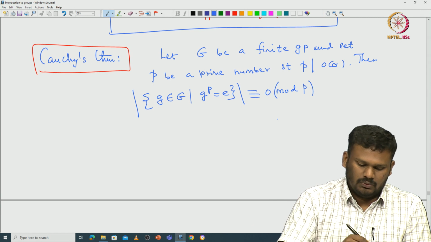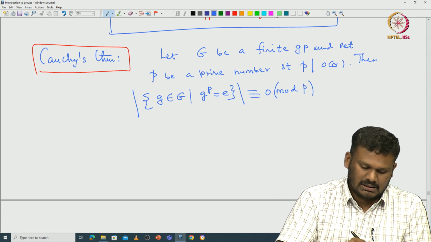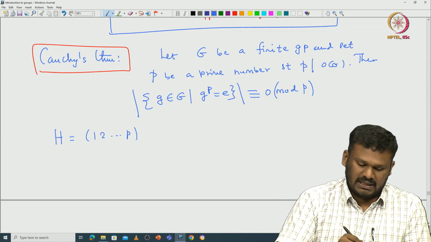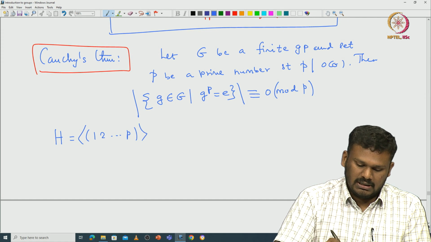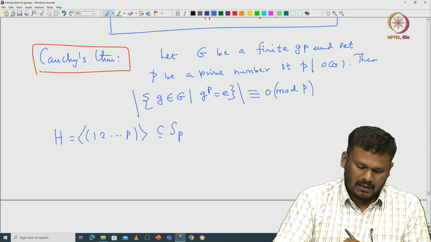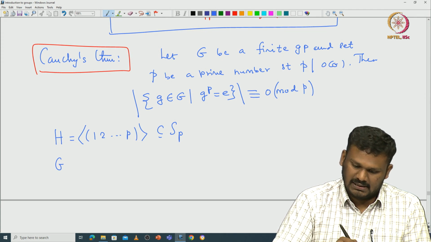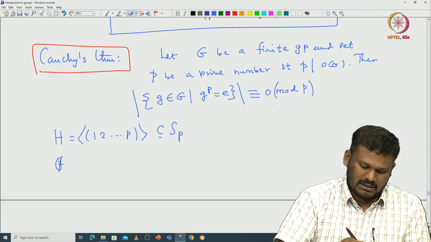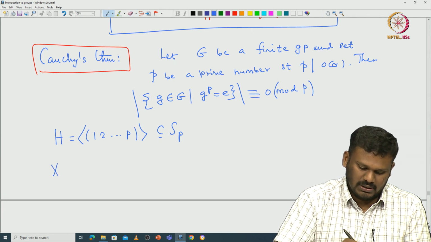So, recall the way we proved it: we constructed this group H, the group generated by the cycle (1 2 ... P) inside S_P, and then we took the set X as the following set.